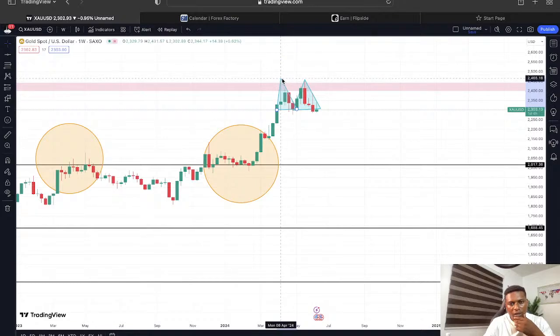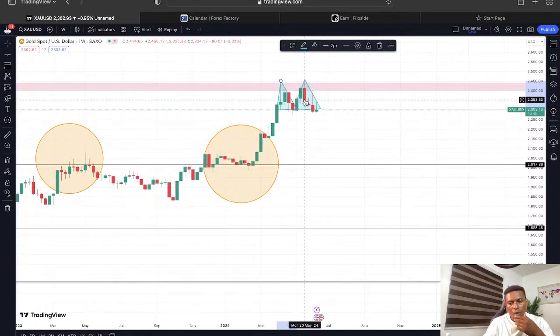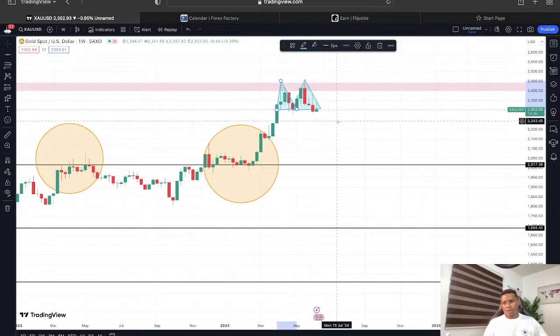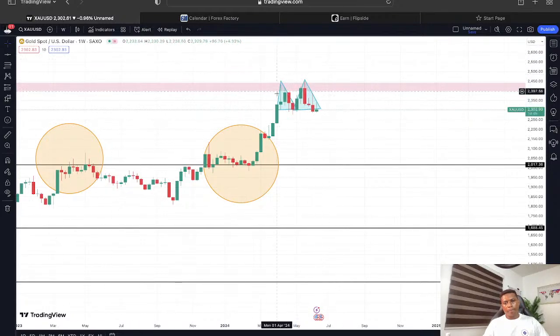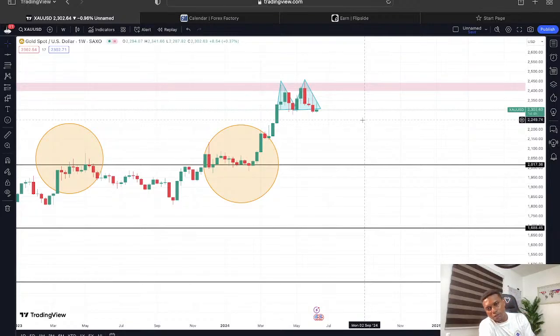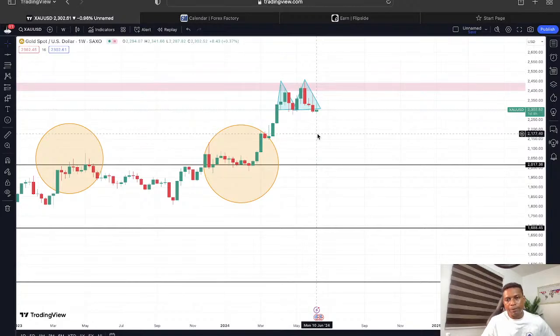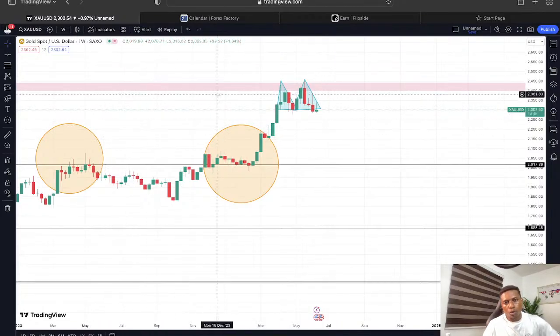So we can see the double top on gold, and this makes this chart a very interesting chart. Now what do we expect on gold? On the weekly time frame here, we can spot a double top on a resistance zone.